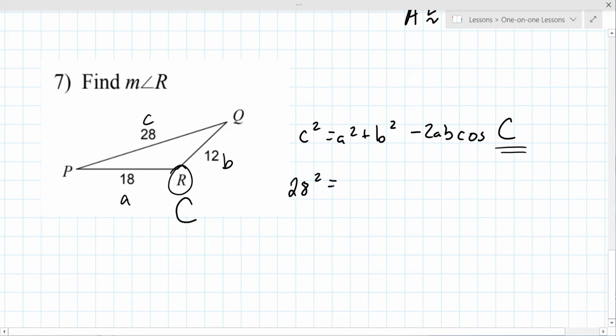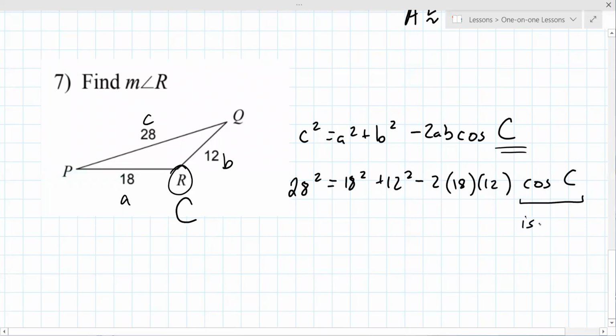28 squared equals 18 squared plus 12 squared minus 2 times 18 times 12 cosine big C. This is where most students make a lot of mistakes. You are trying to isolate the cosine C, which means you have to undo this.